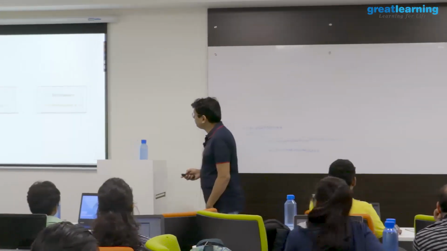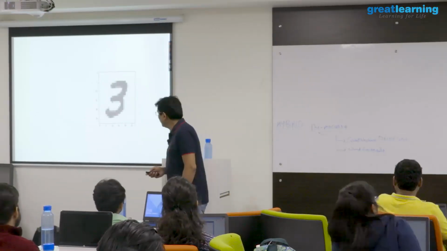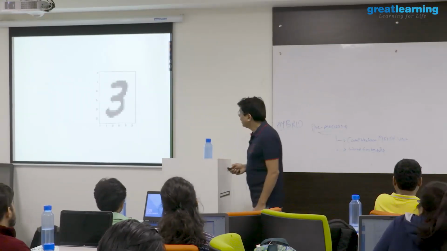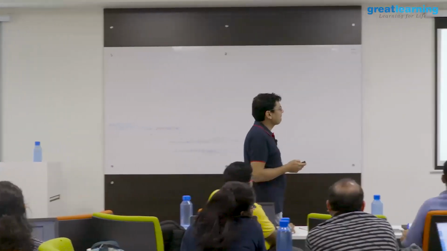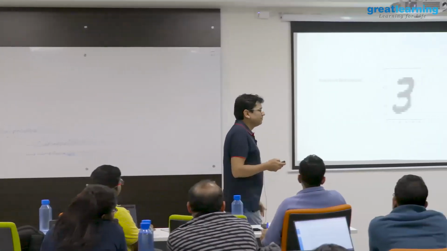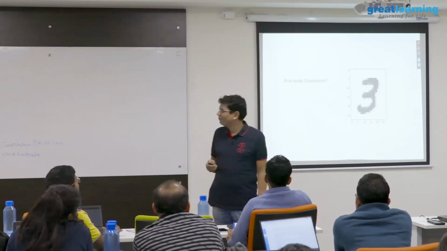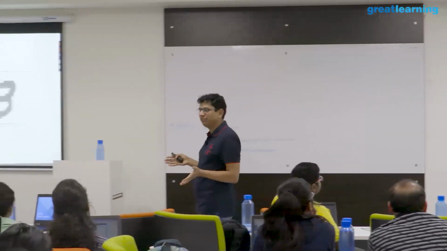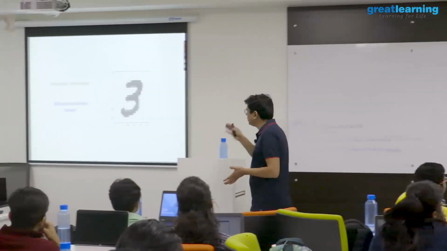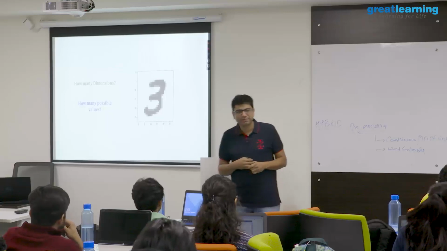All right, so now this is an image. How many dimensions does it have? How many possible values could be there in this space? How many different combinations of values could be there?